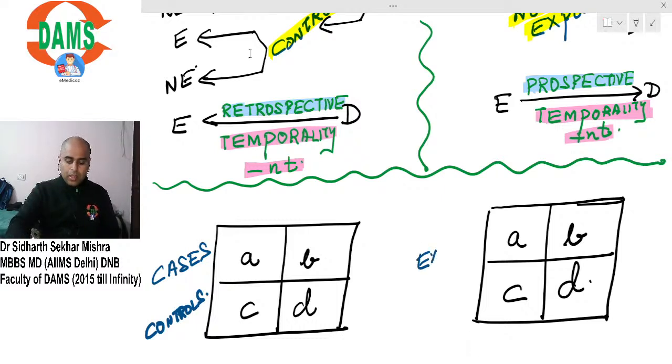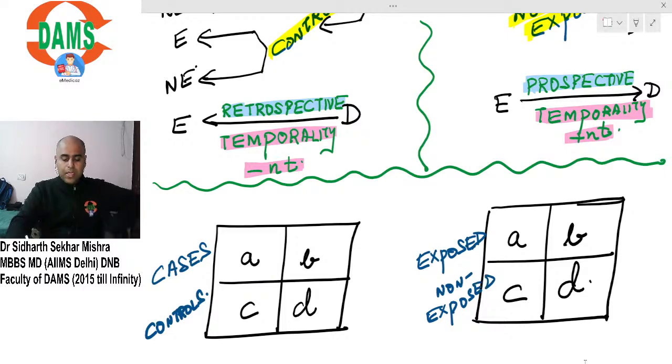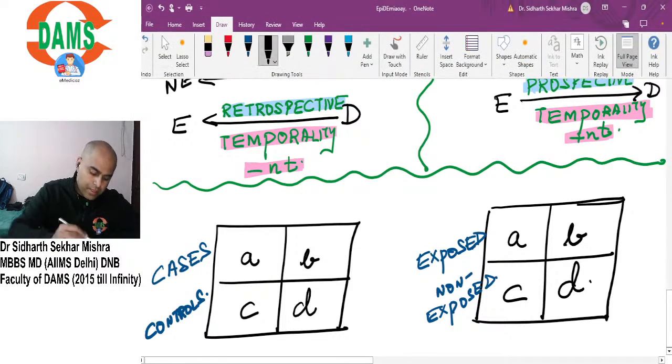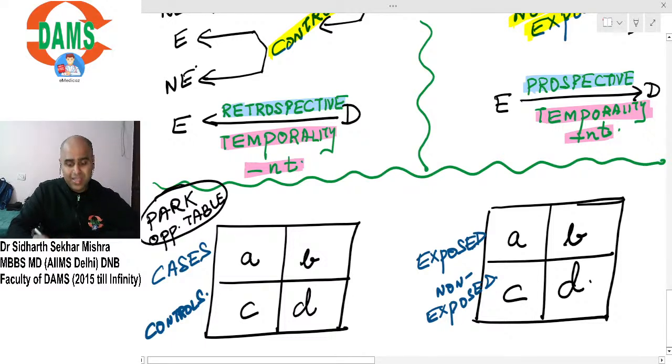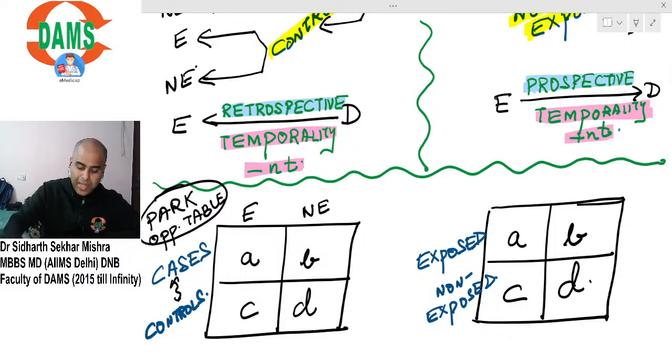In a cohort, it is exposed versus non-exposed. Now guys, let me tell you, in Park, they have given the opposite table. Even though you get the right answer or the same answer, that is not a right way to do it. It's always better to keep those things which are comparable on the left side.